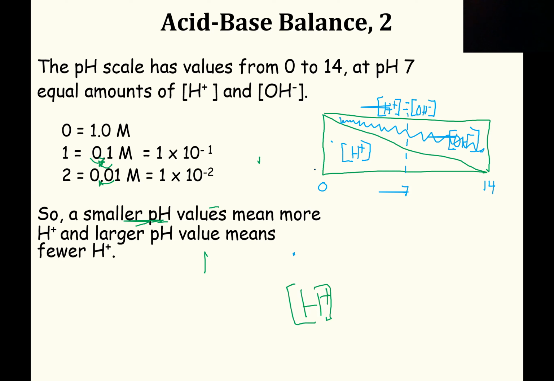As the triangle gets bigger or smaller for hydrogen ions, you have the most hydrogen ions here. You have the least hydrogen ions here. So you need to label that.